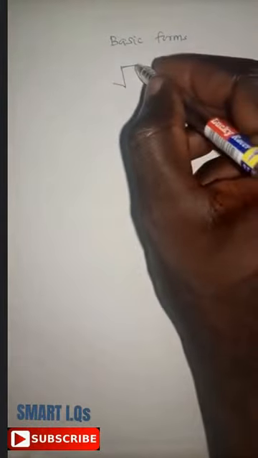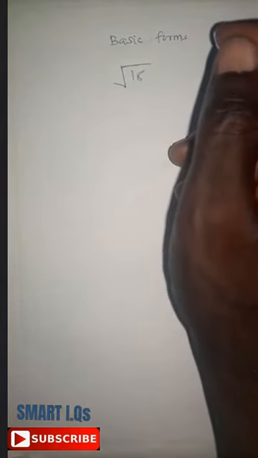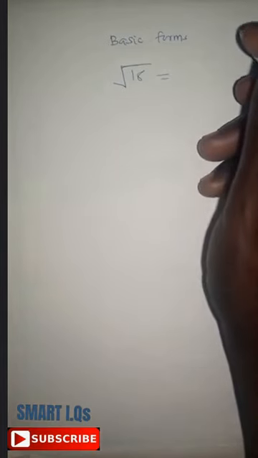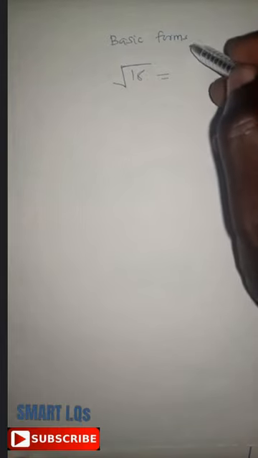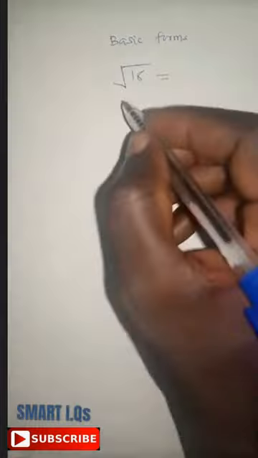Let's say 18. Good. We want to express the square root of 18 in its basic form. So now I'm going to think of the factors of 18. What are the factors of 18?